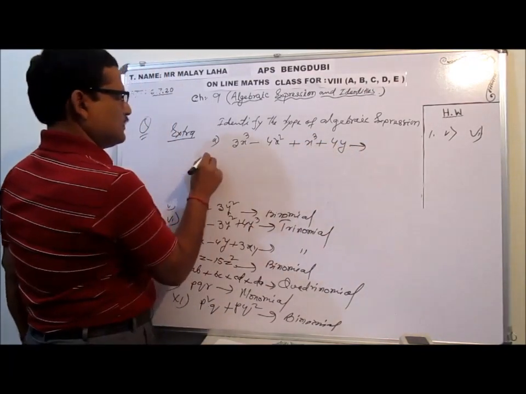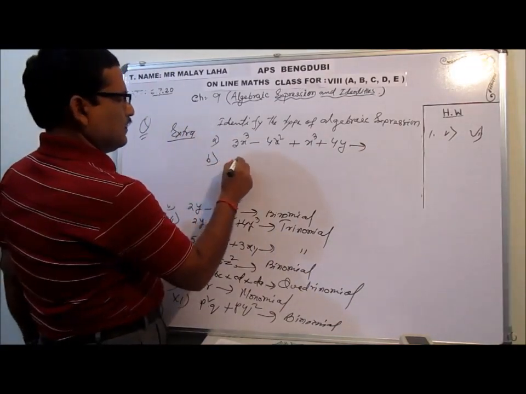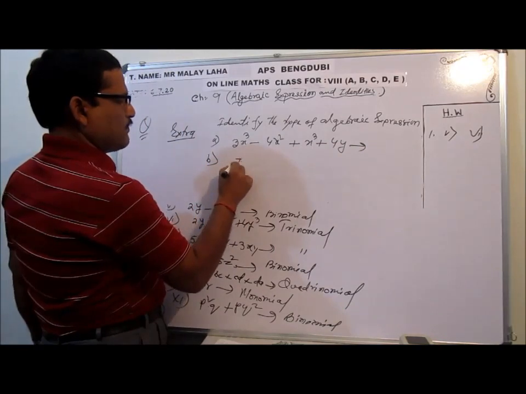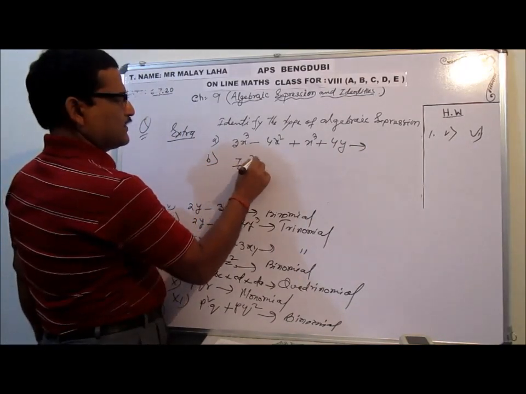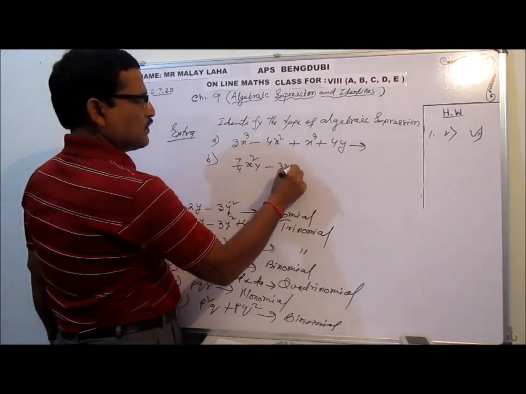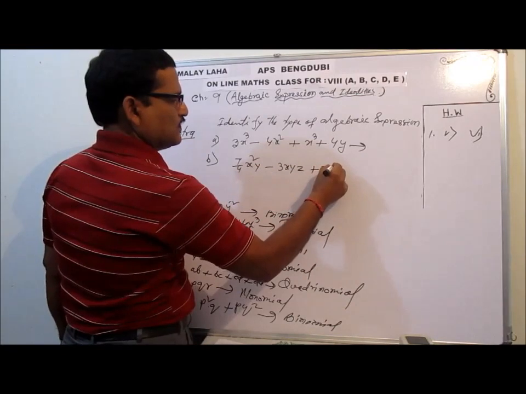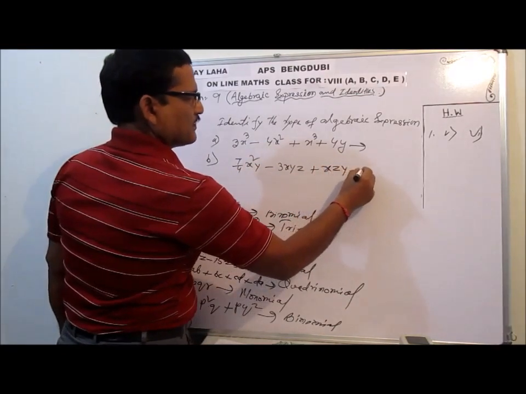You have to answer. In each case, I will make it more complex. 7 by 4 x square y minus 3xyz plus xzy minus 1.